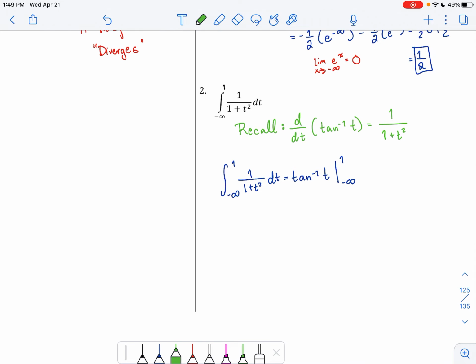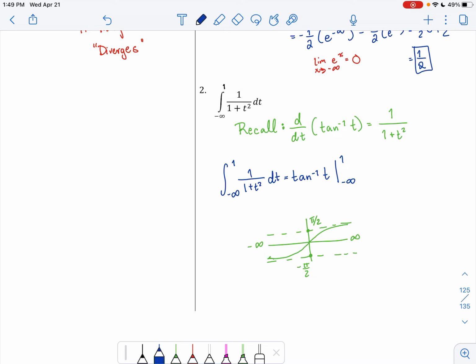Now, tangent inverse does have horizontal asymptotes. If I graph out this function, tan inverse looks like this with a horizontal asymptote here and a horizontal asymptote here. It's one of the reasons they are used a lot in improper integral problems. So here's our negative infinity, positive infinity, and this horizontal asymptote here is negative pi/2. You may run into this one later, hint, hint, that's positive pi/2.